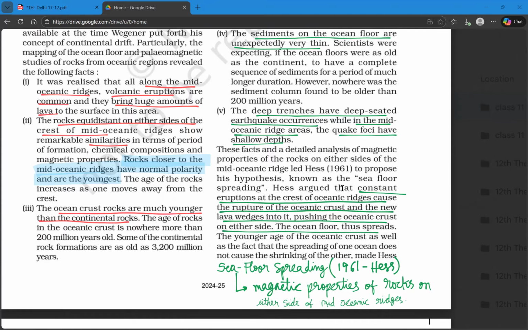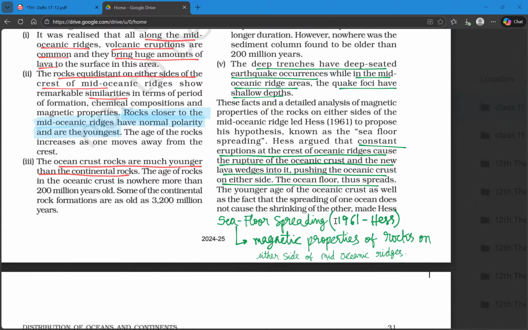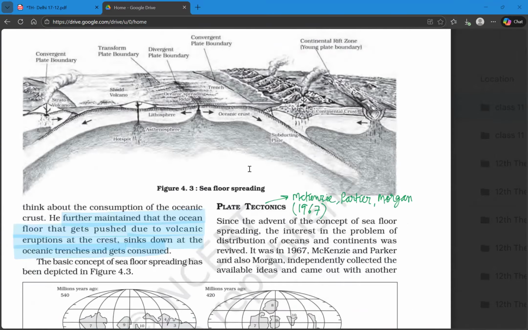Hess argued that constant eruptions at the crest of oceanic ridges cause the rupture of the oceanic crust and the new lava wedges into it, pushing the ocean crust on either side. The ocean floor thus spreads. What does it mean? If you see here, when the volcanic eruption takes place here, the lava wedges into it, thus making the seafloor move this way and this way.